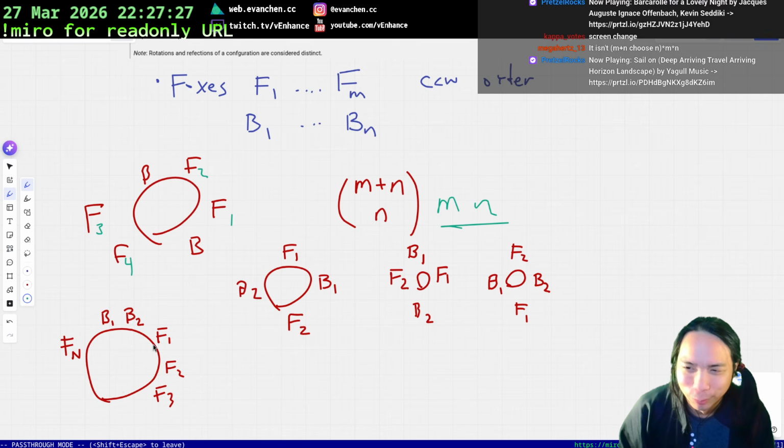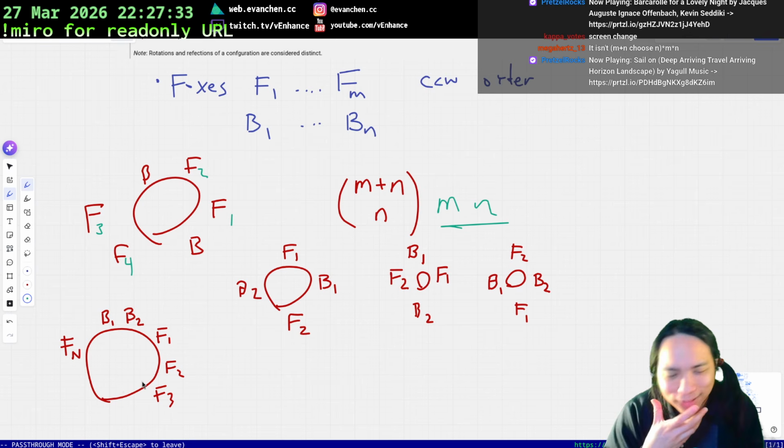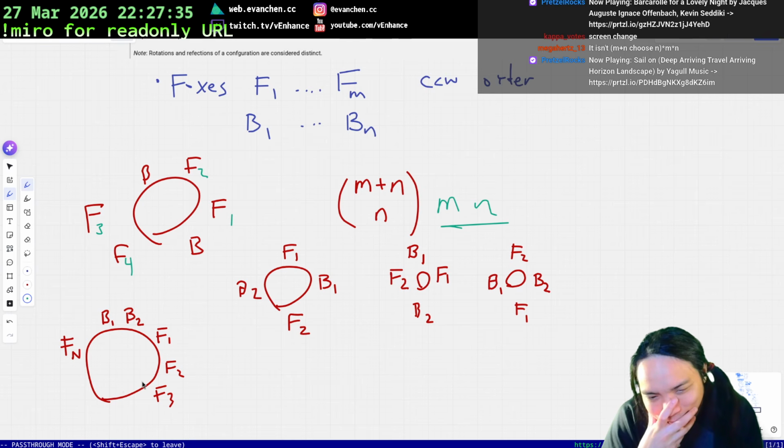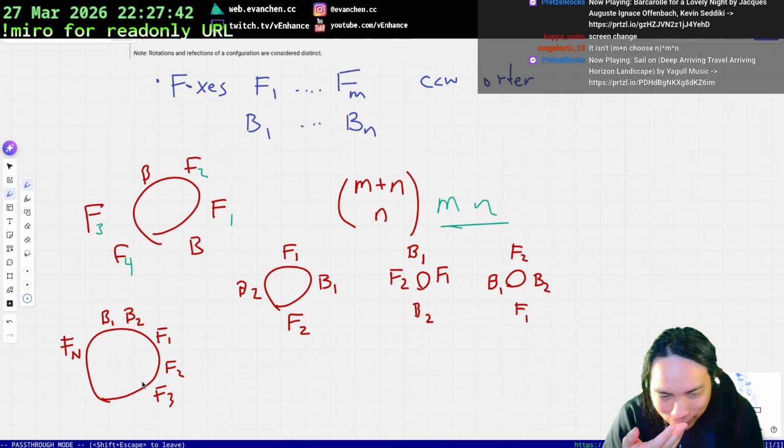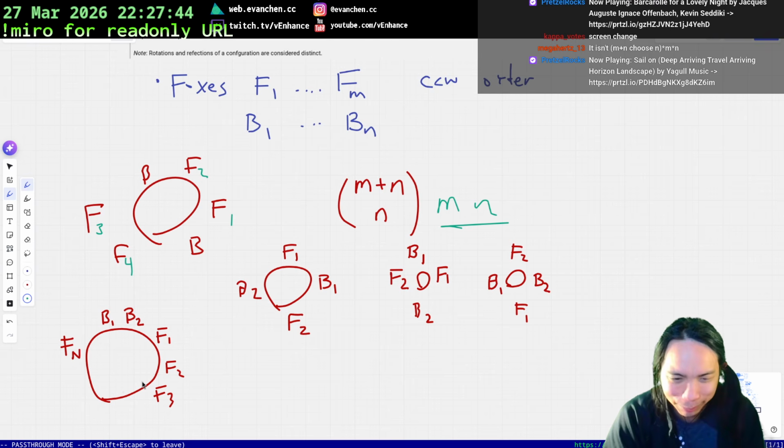I feel like I managed to prove that it's both m and n, which can't be correct, because I can definitely achieve any cycle of the n's. It might toggle the B's when I do it. Is it like the least common multiple of m and n?